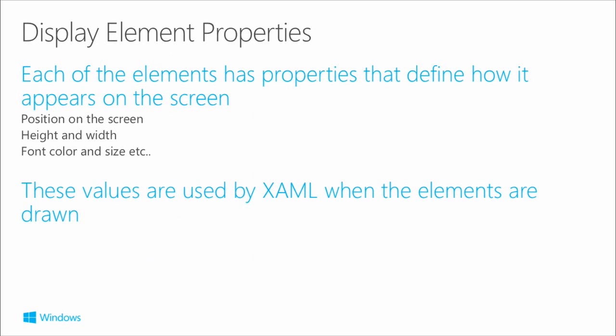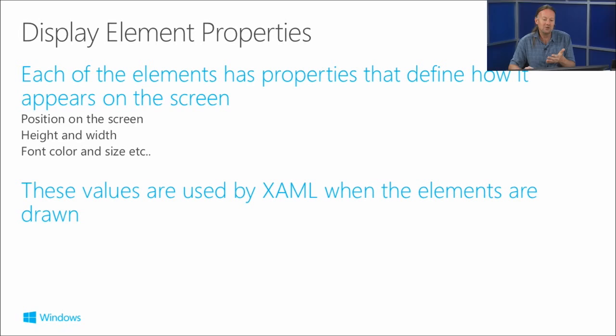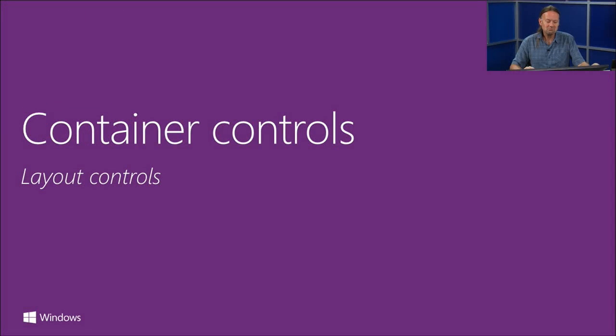On each XAML element, we put properties, like the X and Y coordinates of where it is on the screen, the height and width, what font we are using, what the color is, and all this kind of stuff. The properties you set on an element are defined as attributes in XML. These are used by the XAML renderer to figure out how to draw the resultant scene to the screen.